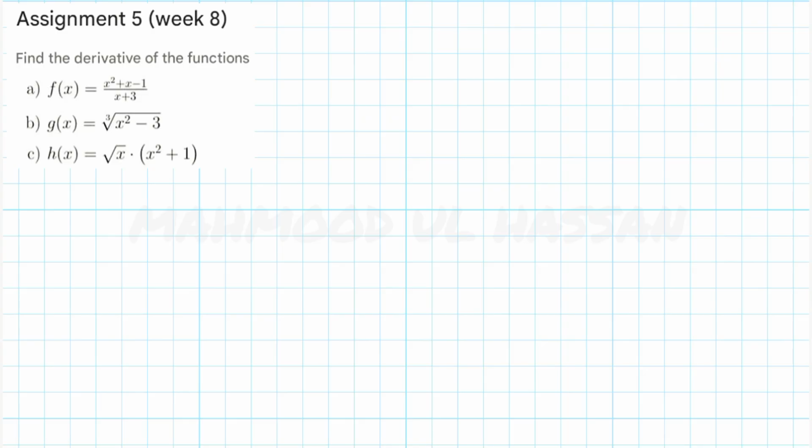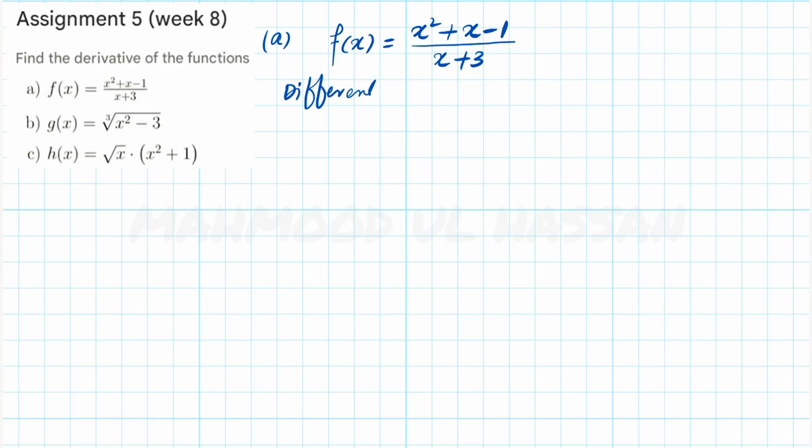So the question is, find the derivative of the functions. The first function is f of x equal to x squared plus x minus 1 divided by x plus 3. So we are going to differentiate this function with respect to x, because here x is the independent variable.